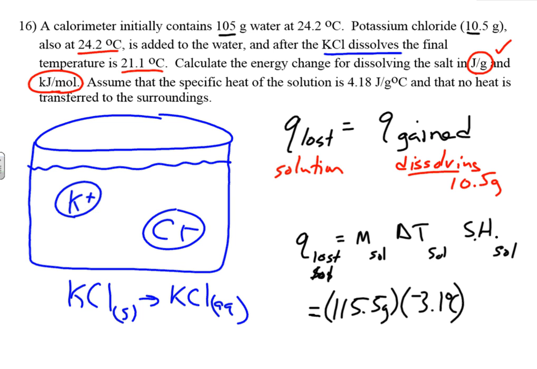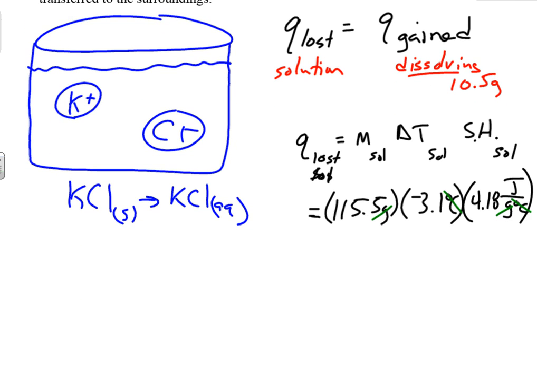And then the problem tells us that we can use the specific heat for water for our solution. So that's 4.18 joules per gram degrees Celsius. And watching our units, which is always good practice, we can see that grams cancel with grams, degrees Celsius with degrees Celsius. We're left with joules for our energy unit, which is what we want to have present there.